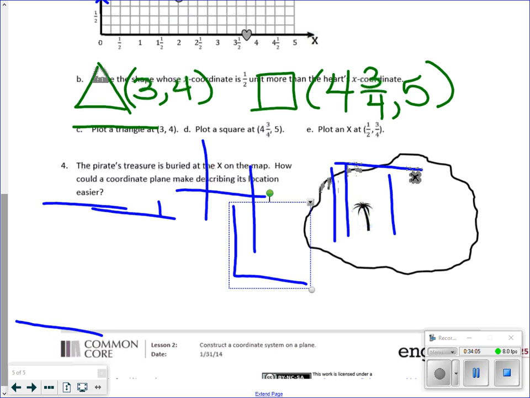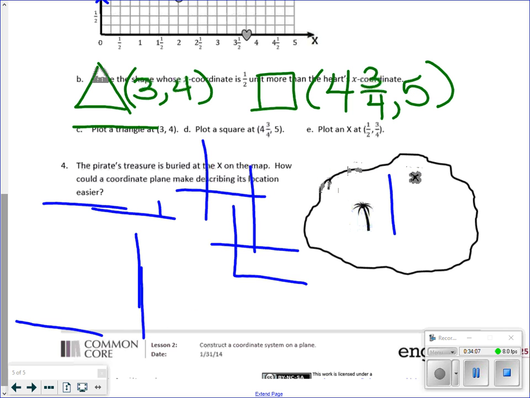So, the question that y'all didn't get to yesterday didn't even have an X. It just said if you were a pirate and you buried a treasure, and you needed 30 paces from the tree, what would be an easier way to be able to find your treasure? Some of the answers I was getting were really weird.